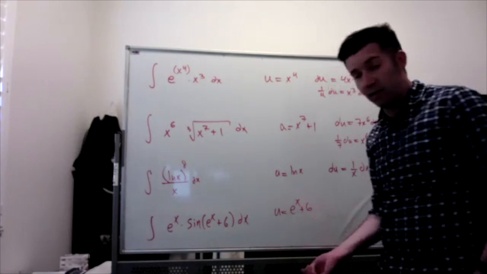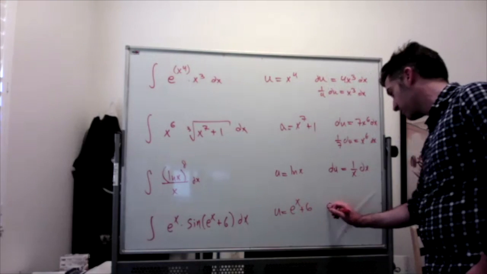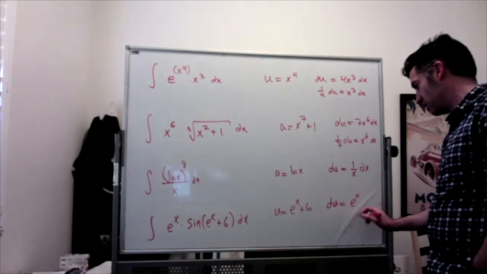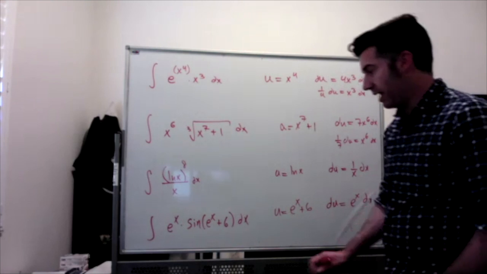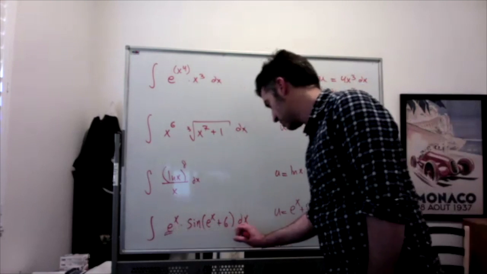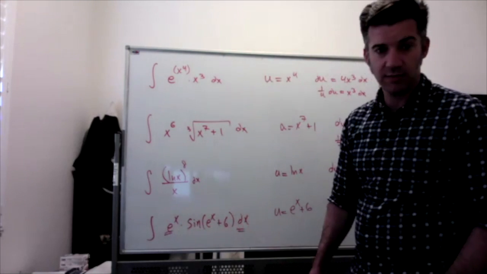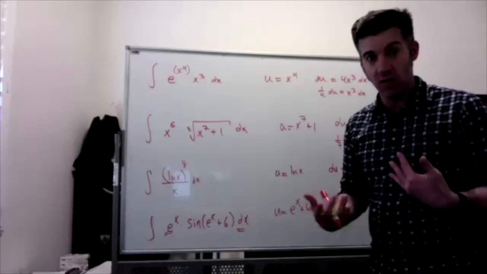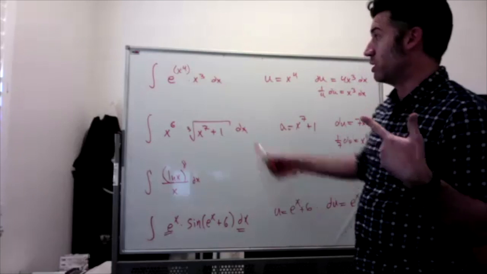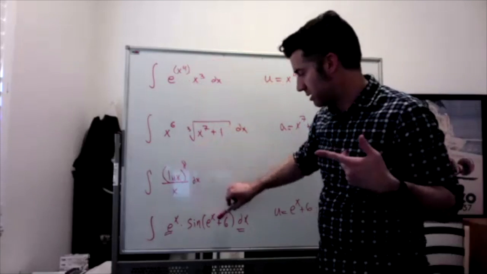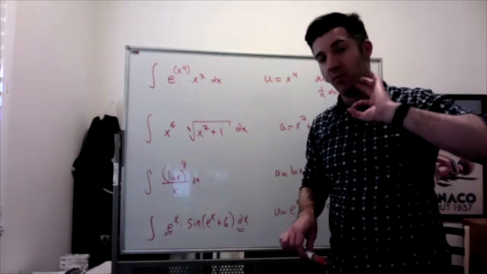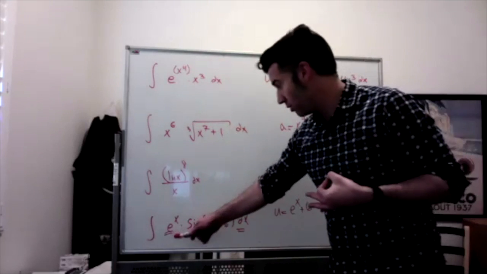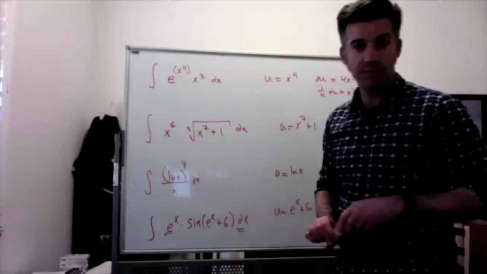And look, it works out because the derivative of e to the x is e to the x, so my du is e to the x times dx. And look, I exactly have an e to the x times dx. So this is the way I'm picking u. Usually u is stuck inside some function, but I'm more concerned with the derivative of u also being in there.